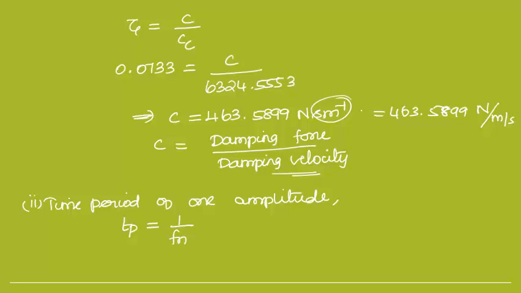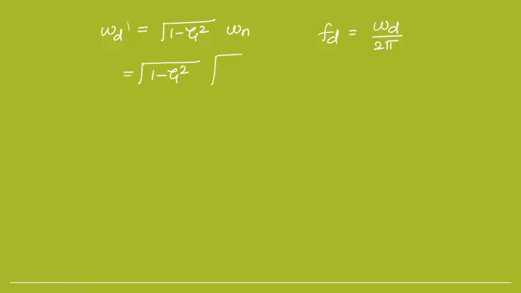Here it is asked to find out the time period for one oscillation of damped vibrating condition, so we have to calculate 1 by fd. We know the relationship between the damped and undamped vibrating conditions, from which we can calculate fd as omega d by 2 pi. Omega d is root of 1 minus zeta square into omega n, and omega n is root of s by m.